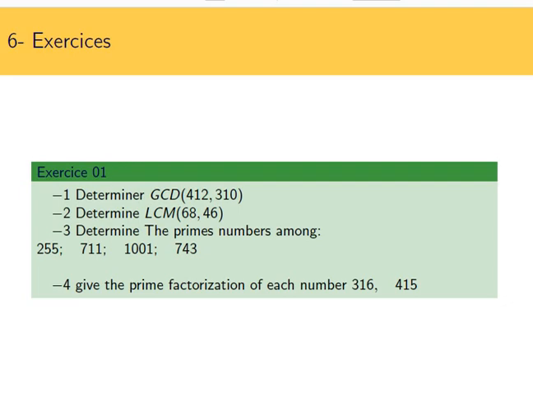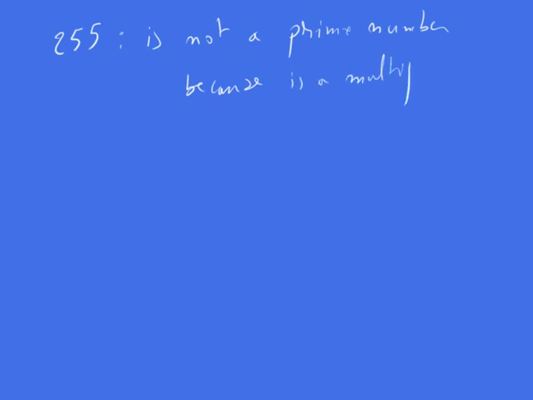So the third question is determine the prime numbers among those numbers. We start with the first, 255. Is it a prime number? It is not a prime number, because it is a multiple of 5.